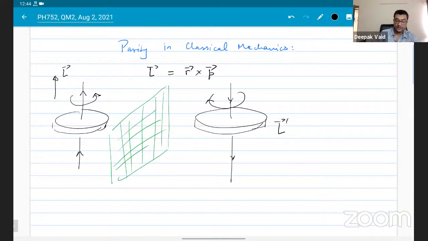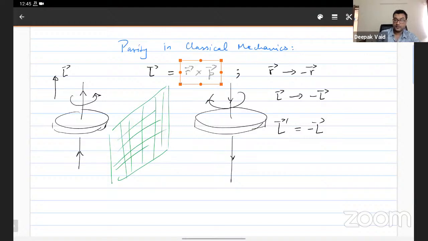So the reflection has an angular momentum L prime, which is pointing in the opposite direction to L. And why is this the case? Because when we take a reflection in a mirror, what we are doing is taking r to minus r. So when we take r to minus r, what happens to L? L goes to minus L. You can see that in this expression.